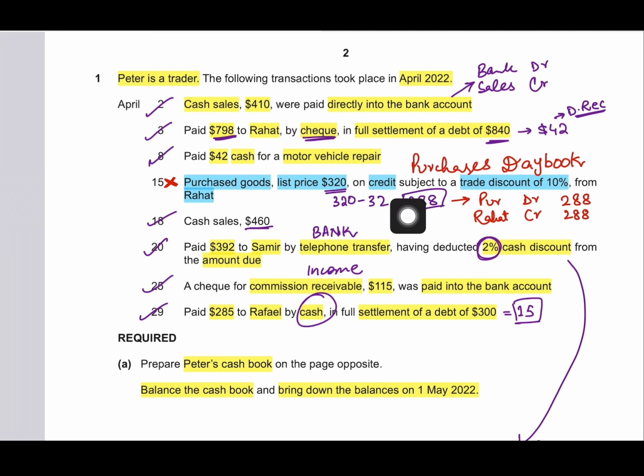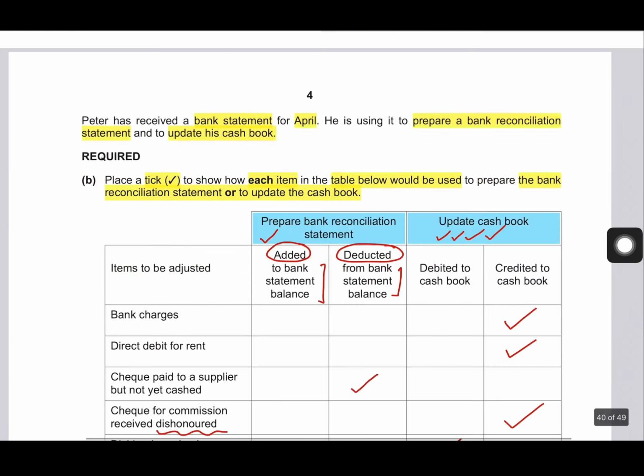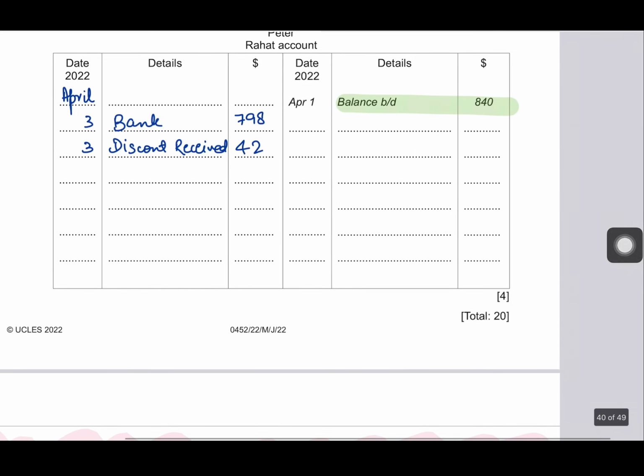Although this transaction wasn't entered in the cash book, since it is related to Rahat and we are buying goods on credit, the double entry would be made in Rahat's account as well. Purchases debit, Rahat credit by 288. So on the credit side, on April 15, we will write purchases amounting to $288.